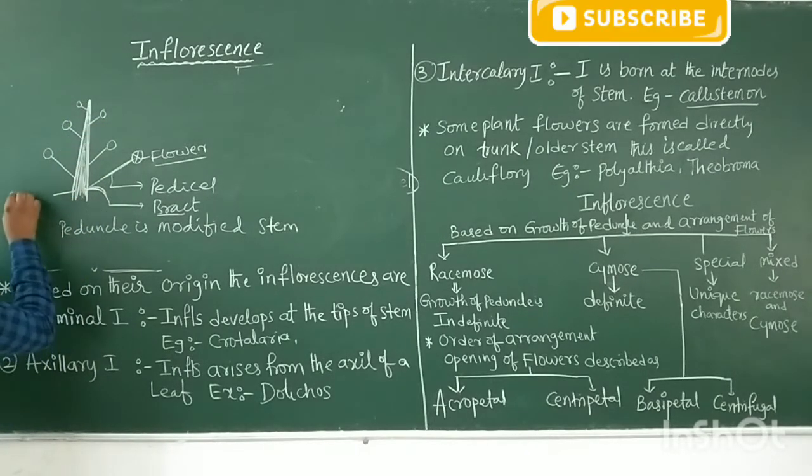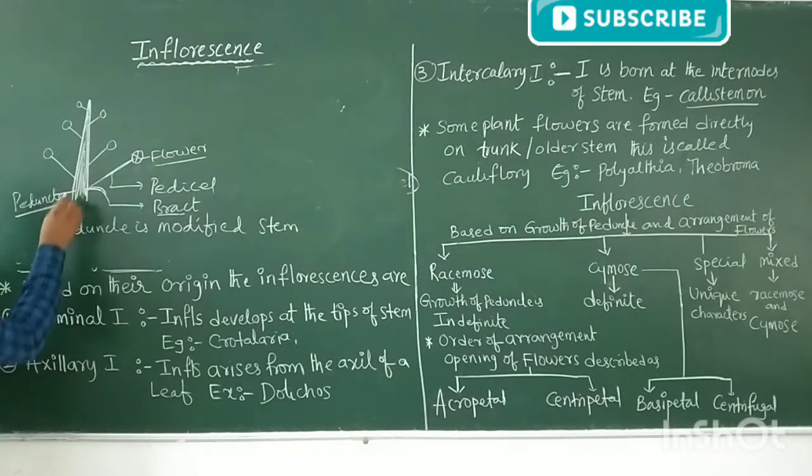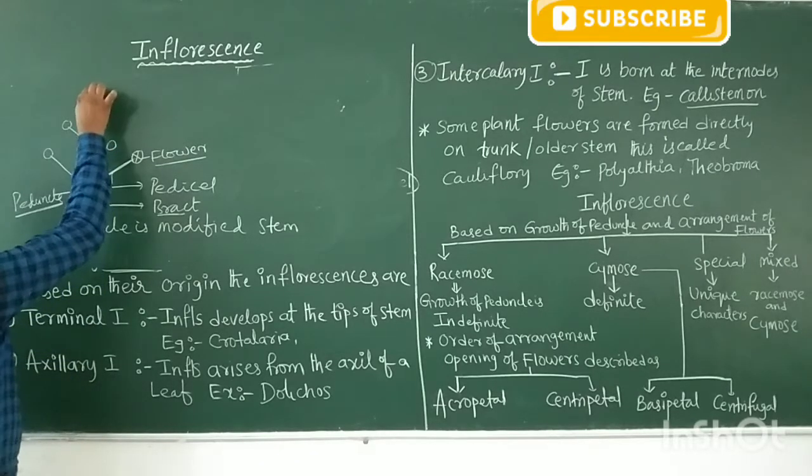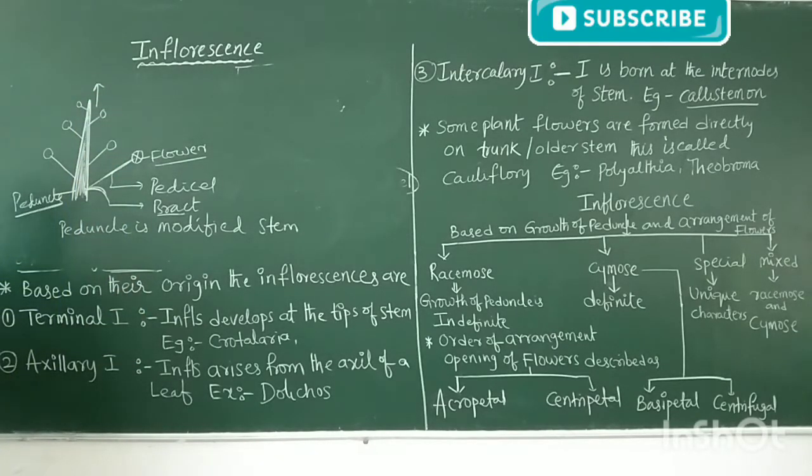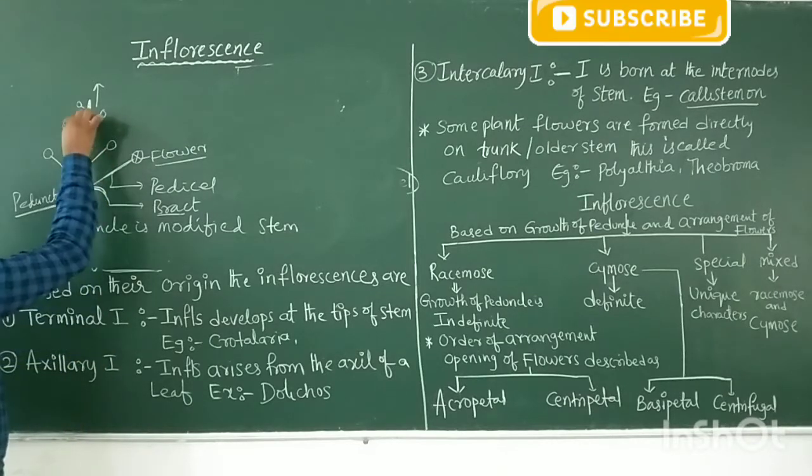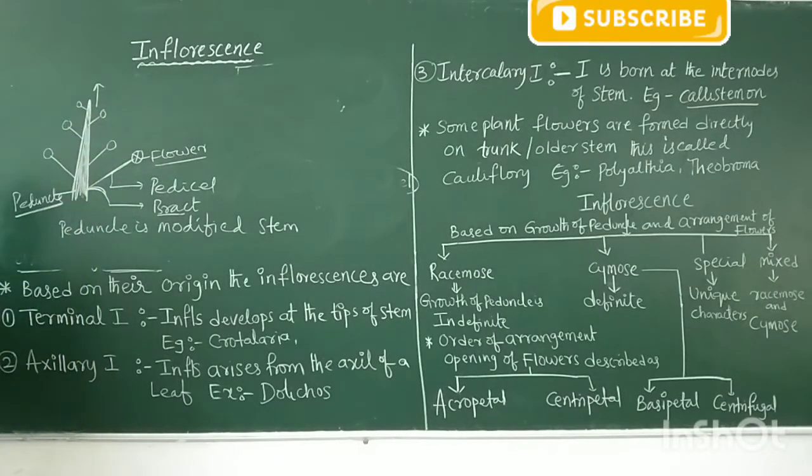The peduncle is a modified stem. The growth of the peduncle is indefinite or definite, and the peduncle is long. In some flowers, the peduncle is condensed. So this is the structure of the inflorescence.